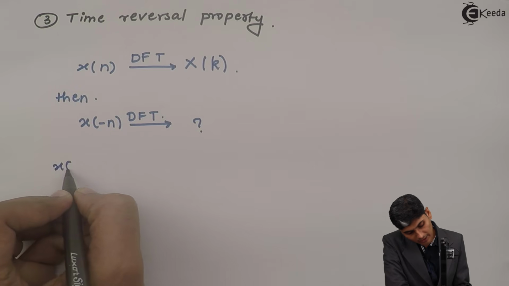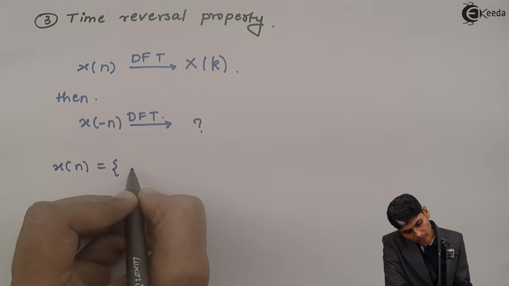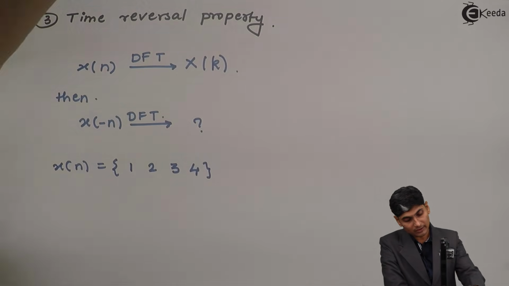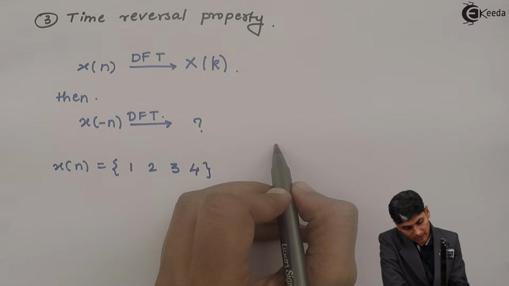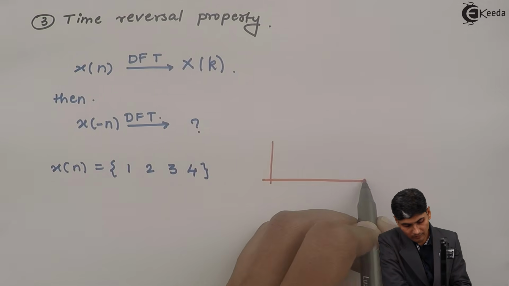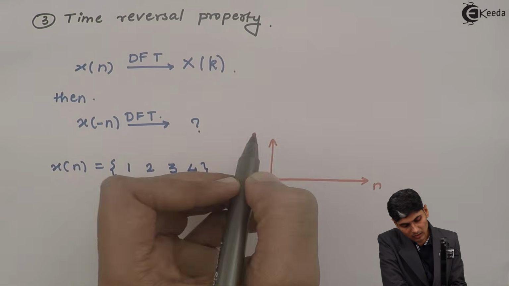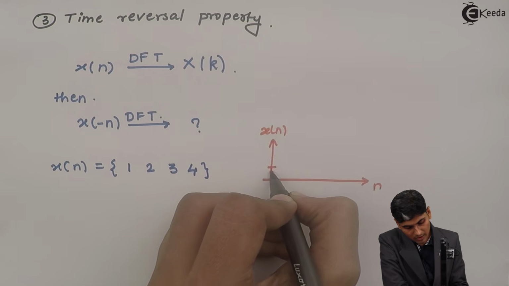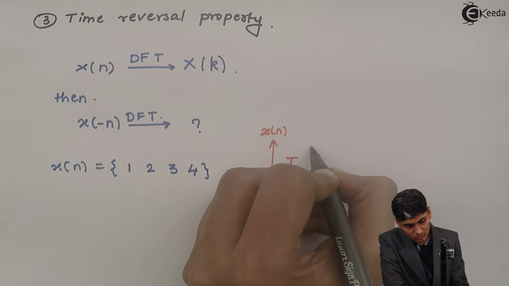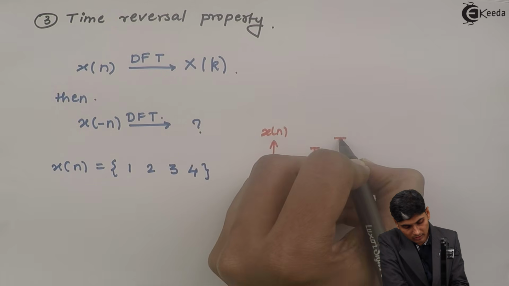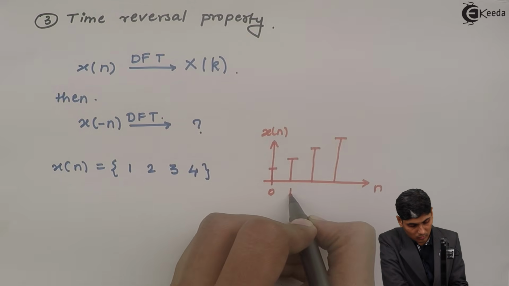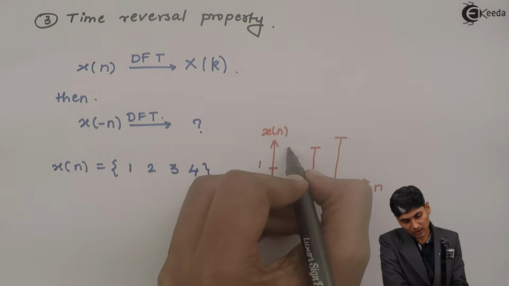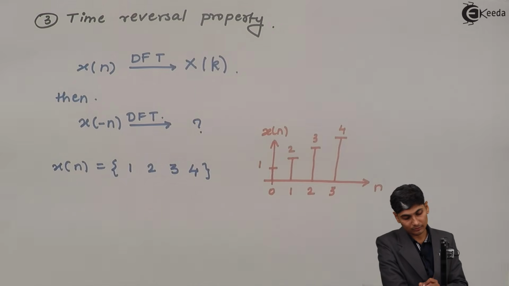If I have a signal x of n, which is 1, 2, 3, 4, then if I draw the signal, this is my n, this is my x of n, and the signal will look like 1 unit, 2 units, 3 units and 4 units, with n as 0, 1, 2, 3 and the amplitude as 1, 2, 3 and 4.